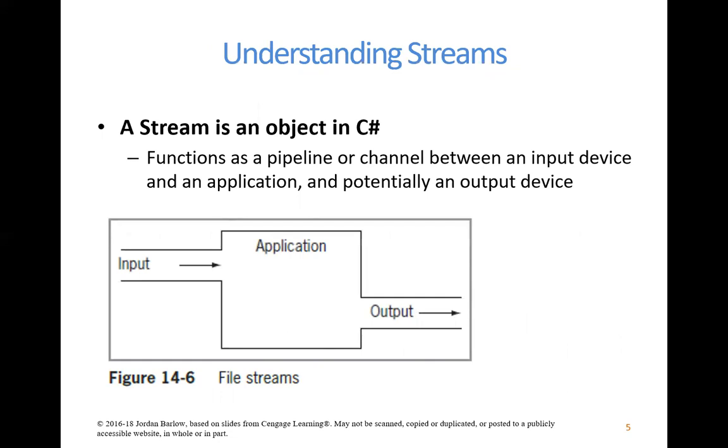Okay, in order to write to or read from a file, we need to use file streams. Now, in this class, we won't get into the technicalities of the theory behind what a file stream is, but essentially a stream is an object in C# that represents data coming into an application or going out of an application to permanent storage.